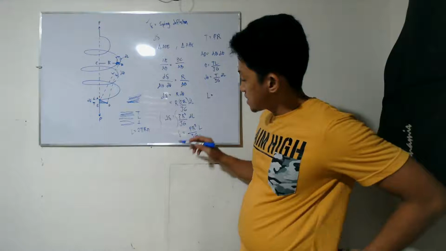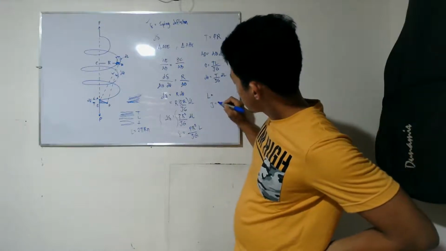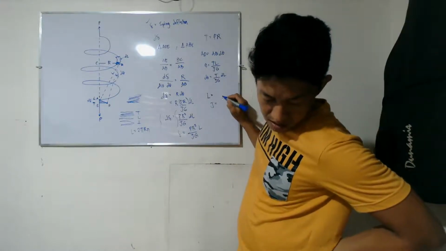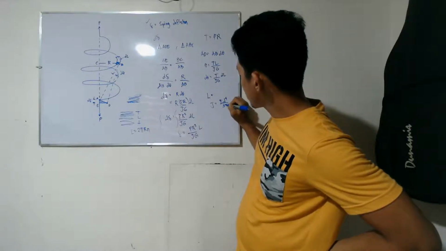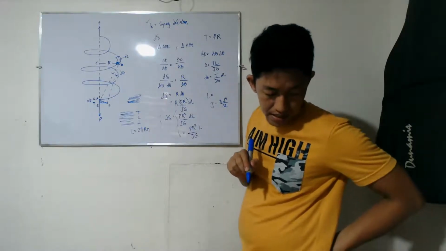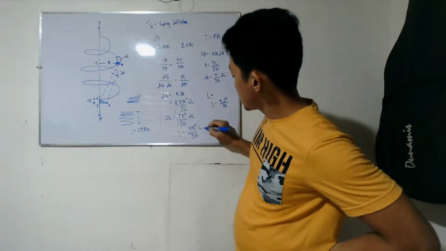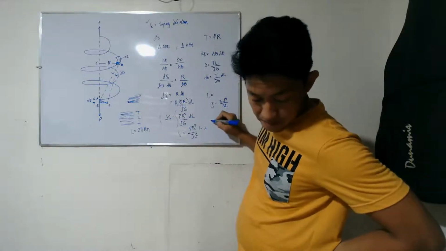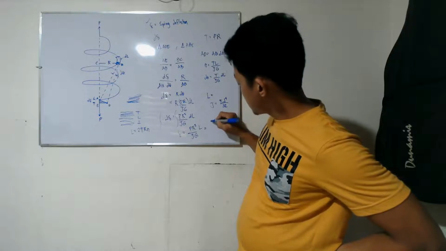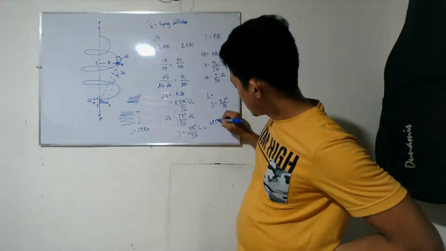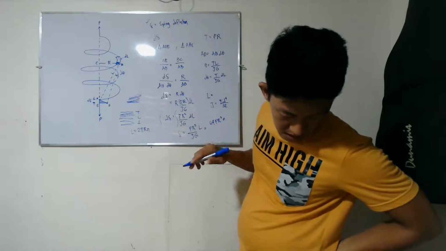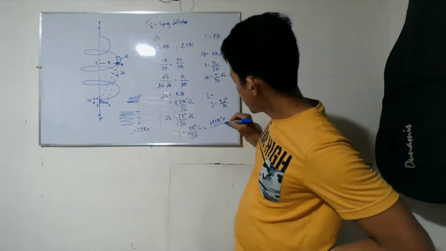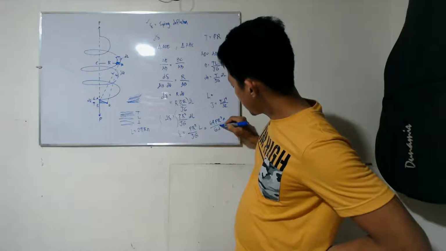And then, replace J, right? Your J is the polar moment of inertia, πd to the 4th over 32. So we will obtain 64PR cubed N over Gd to the 4th.